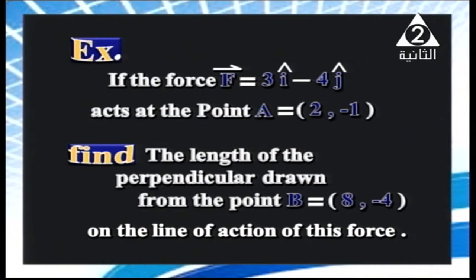My dear student, we have force F, with components 3i minus 4j, acting on the body at point A (2, -1). The requirement is to find the length of the perpendicular drawn from the point B (8, -4) on the line of action of this force.